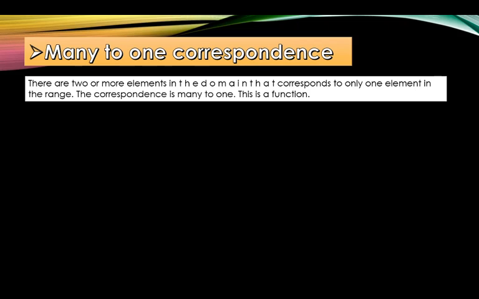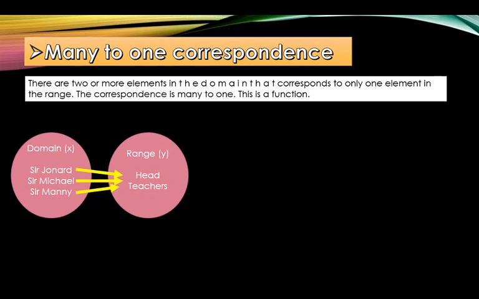This is a function. So let us have an example. The domain, we have Sir Jonard, Sir Michael, Sir Manny. And then it corresponds to only 1, the range, which is head teachers. So ibig sabihin yung tatlo na yon, nag-corresponds lang sa isang range at sila ay head teachers. Alright? That is many. Marami yung domain, isa lang ang ating range.